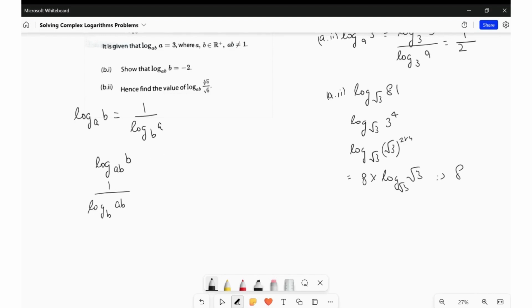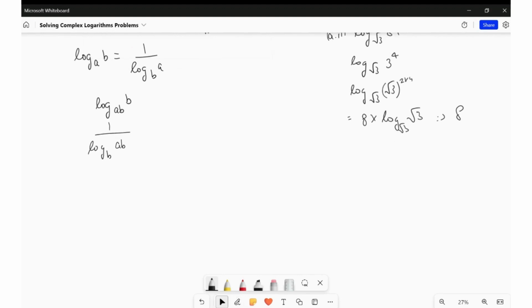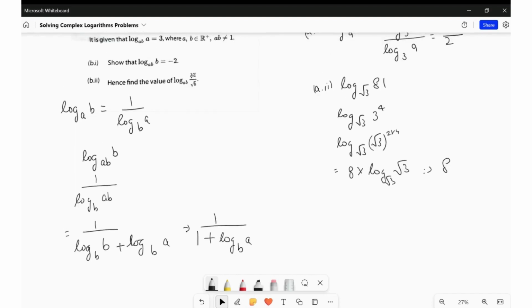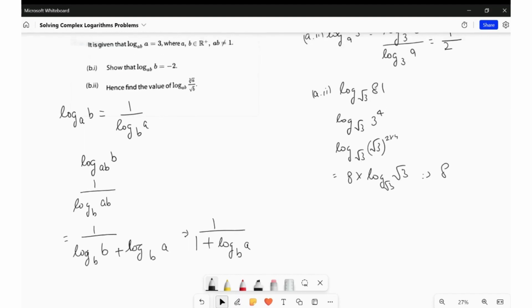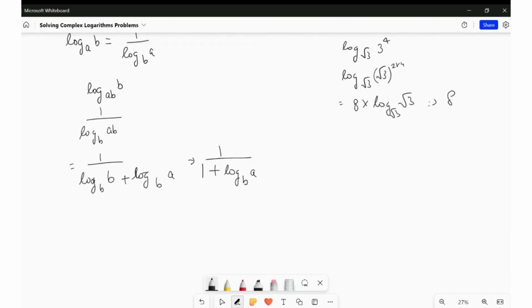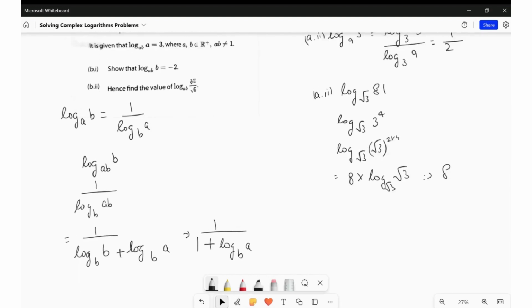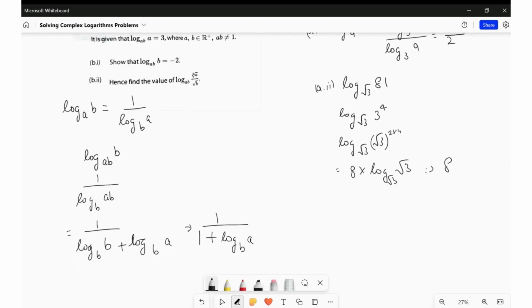So 1 by log ab base b, which is 1 by log b base b plus log a base b, right? Now log b base b is 1, so this expression becomes 1 by 1 plus log a base b. Now from the given expression that log a base ab is 3, we will find the value of log a base b, so that we are able to show this.